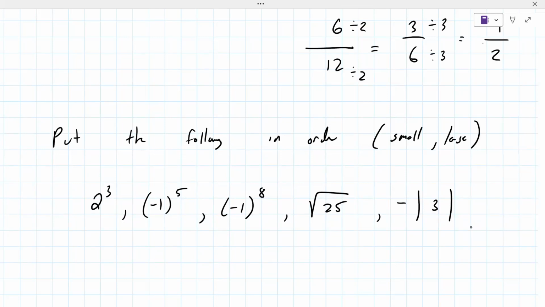So, 2 cubed is 8, then -1 to the 5th is -1, -1 to the 8th is 1, and negative absolute value of 3 is -3. So what's the square root of 25?